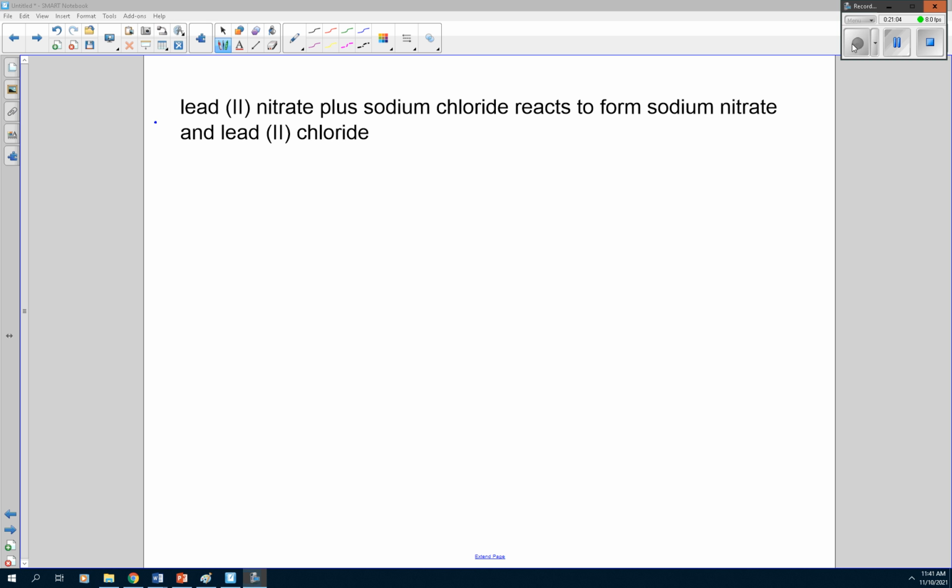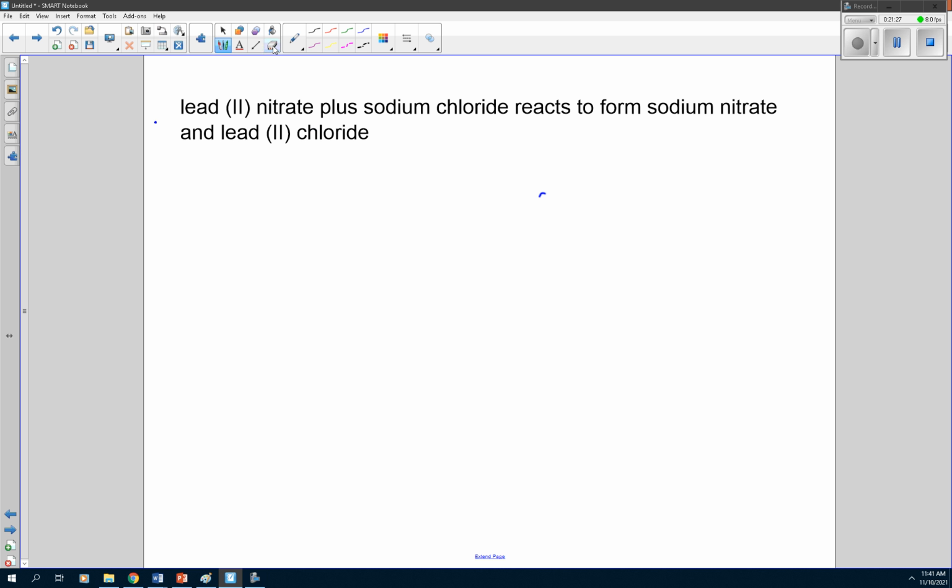Okay, so if you're back and you want a little bit more, now we've got something a little bit more difficult. Now I've got a chemical equation, but it's written as a word problem, okay? So now I would actually have to work backwards and figure out what these formulas are first before I go and write a chemical equation.